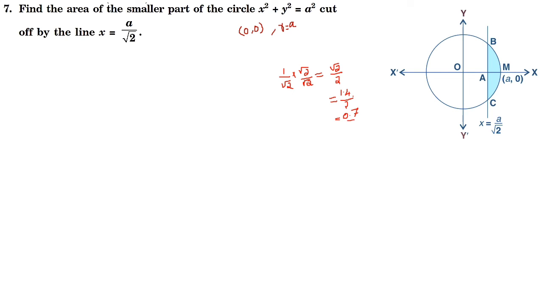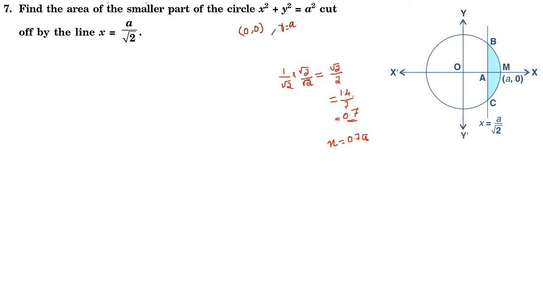That means here we are having a by root 2. A by root 2 means when we put a along with this, 0.7 a will be coming. Rough work only this one, okay? That is x. X is equal to 0.7 a will be coming. Then where is this 0.7 a?